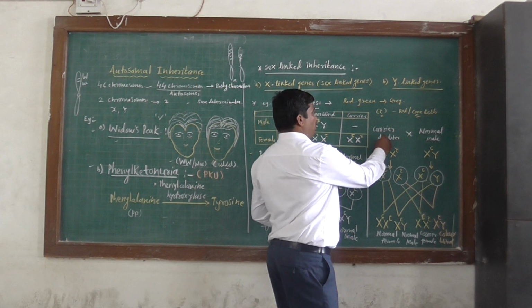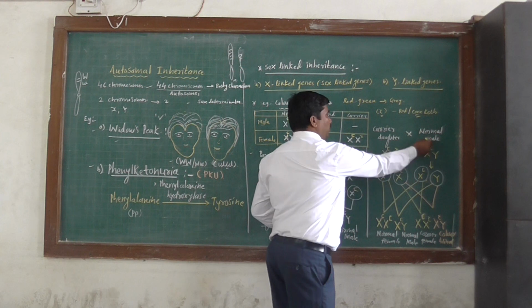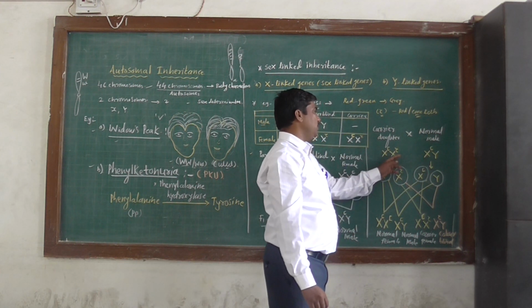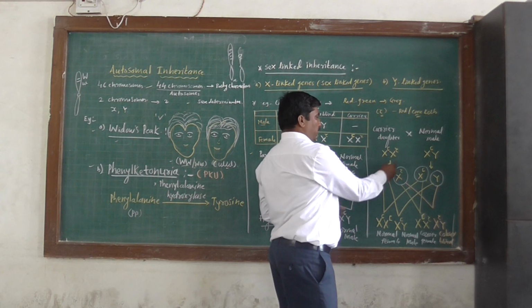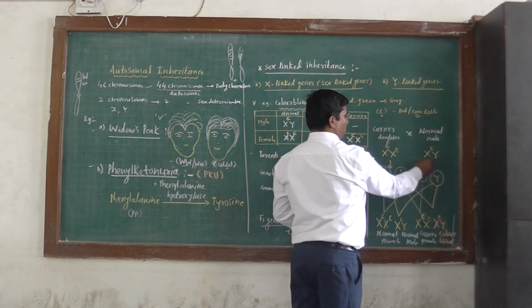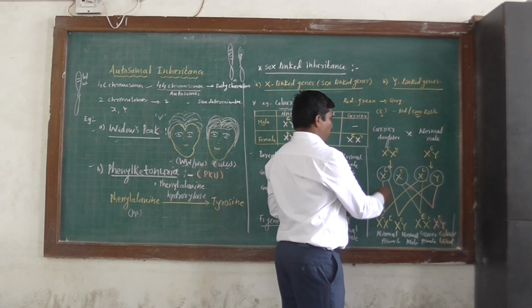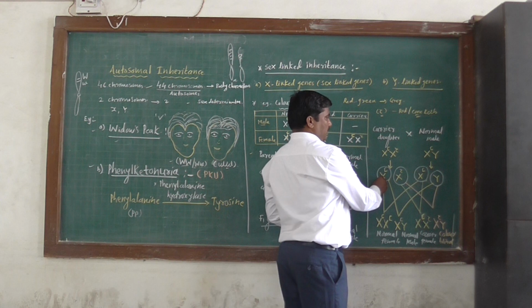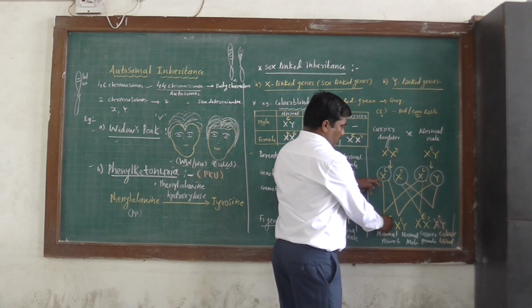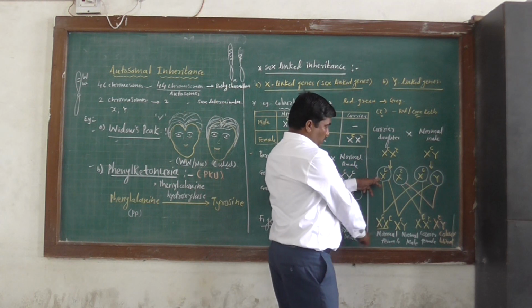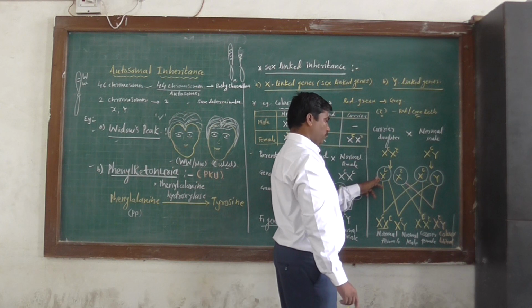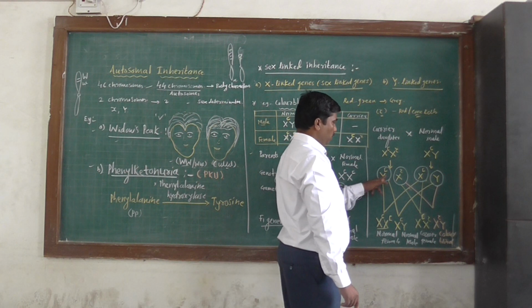The carrier daughter has the genotype X capital C, X small c, and the normal male has X capital C, Y. Then we get gametes X capital C, X small c, X capital C, and Y. This X capital C fertilized with capital C gives XX with both dominant genes. Then a normal female is formed, 25% normal female.